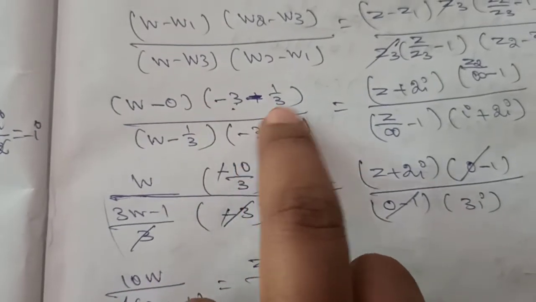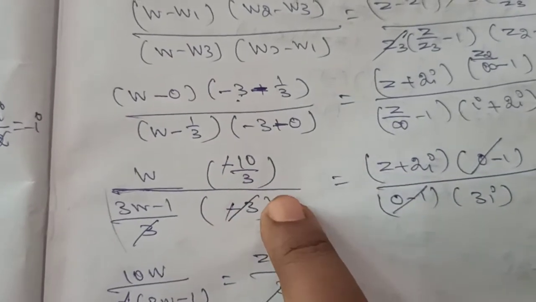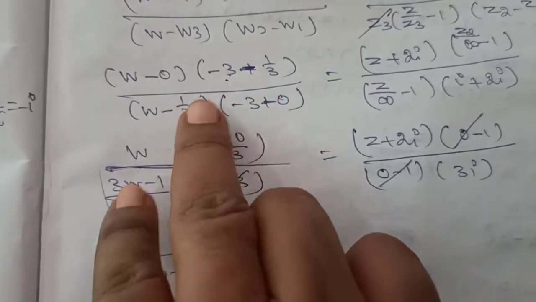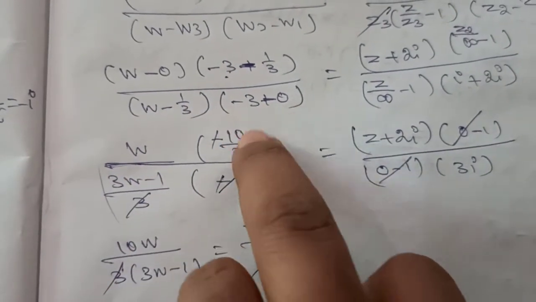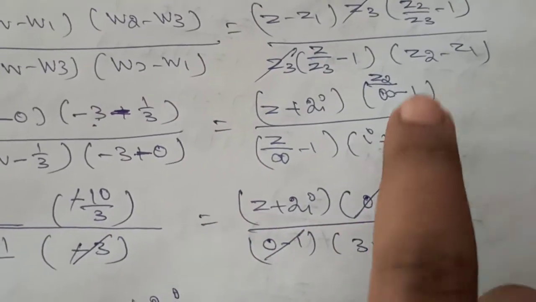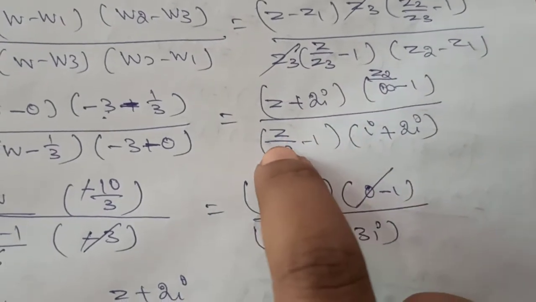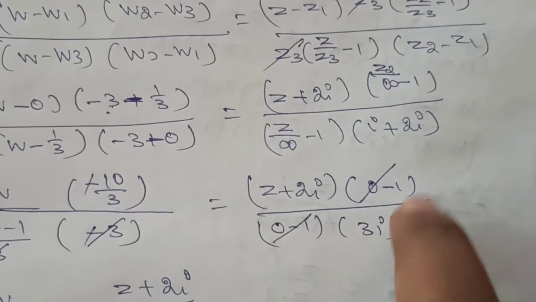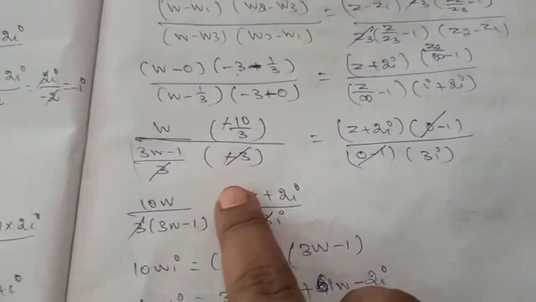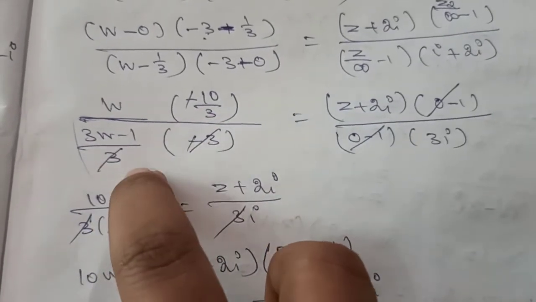Using cross multiplication, 3 times 3 is 9, -9 minus 1 divided by 3, that is -10 divided by 3, divided by, using cross multiplication, w minus 1/3, that is (3w minus 1) divided by 3, into -3.